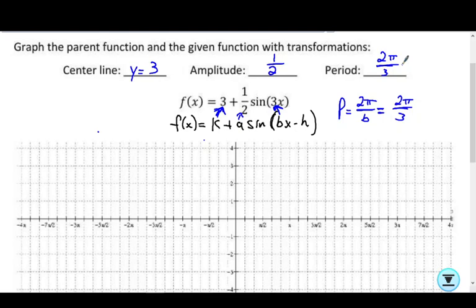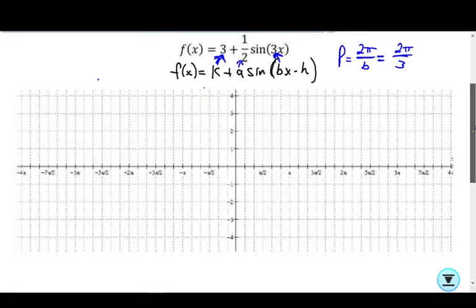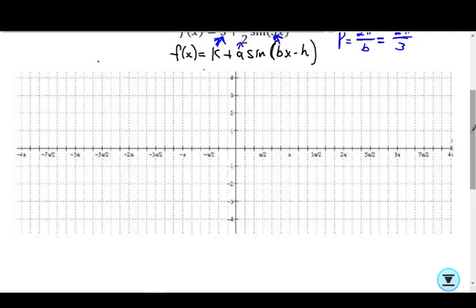Now, actually we should always start with our horizontal stretch or compression. So we're going to start with this change in period first.